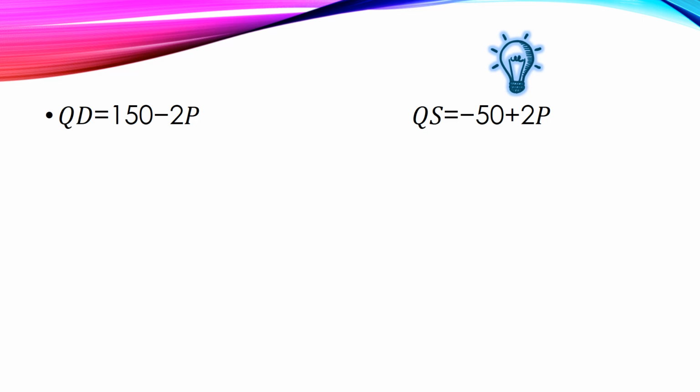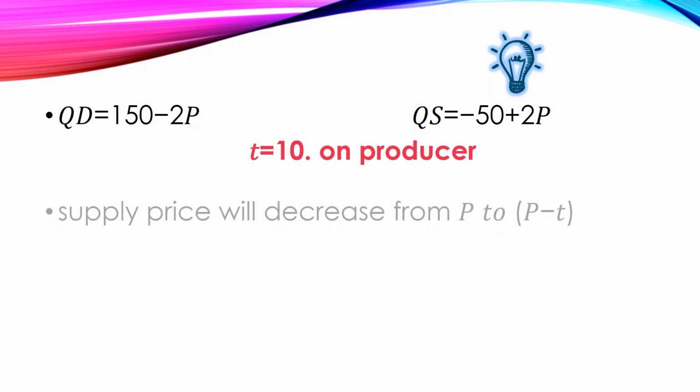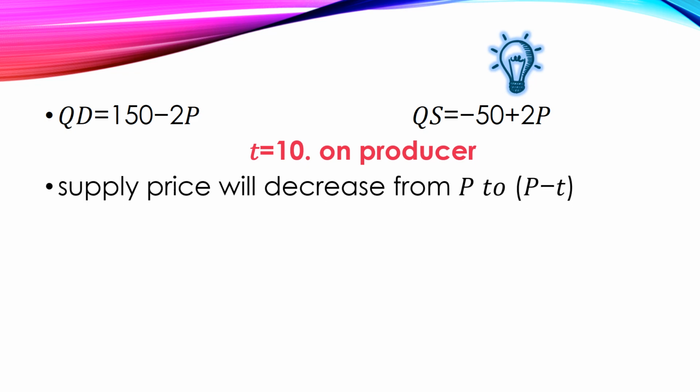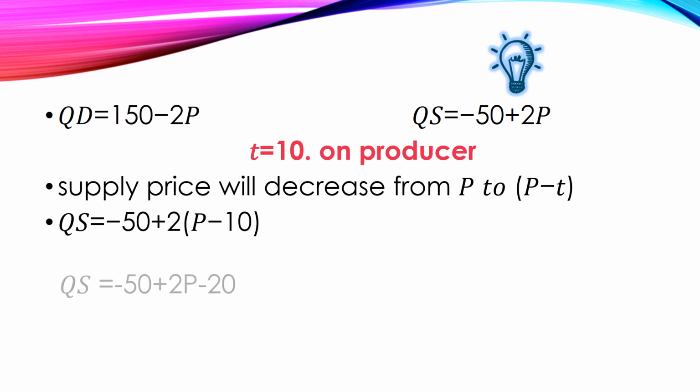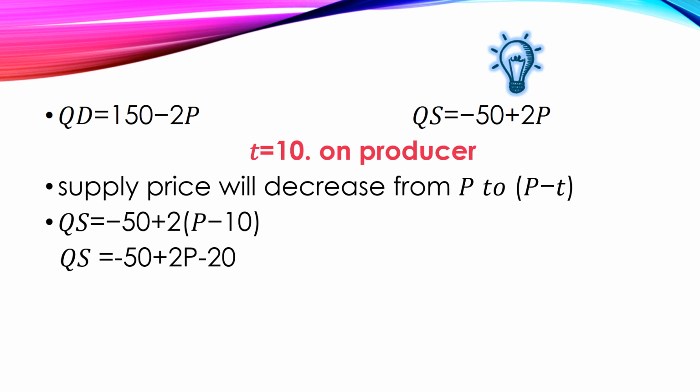Suppose the government imposes a quantity tax per unit of the good on producers of 10. T equals 10. So the supply price will decrease from P to P minus T, and the supply function will be QS equal negative 50 plus 2 multiplied by P minus 10, equal negative 50 plus 2P minus 20.